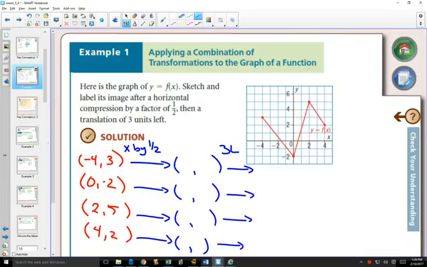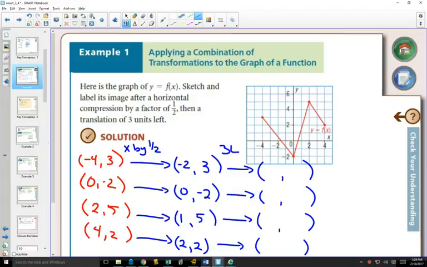So if we're multiplying our x values by 1/2, our y values aren't going to change. X by 1/2, this will become -2. This stays at 0. This will become 1, and this will become 2. And finally, 3 to the left.